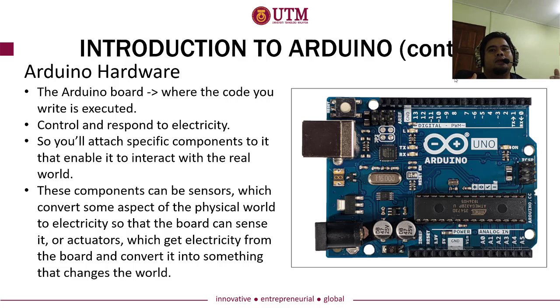Then that sensor as well as motor can interact with Arduino, and Arduino will control that sensor as well as read the electrical signal from the sensor. Again, the purpose of the sensor is to sense the physical change in the environment. Once there is a change, the electrical signal that feeds into this Arduino port also changes.